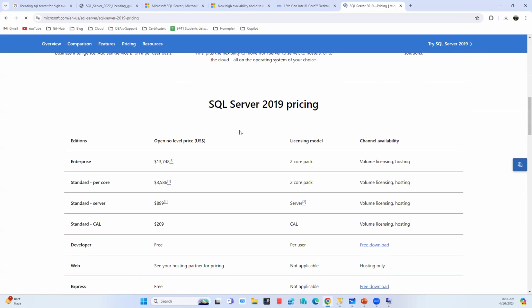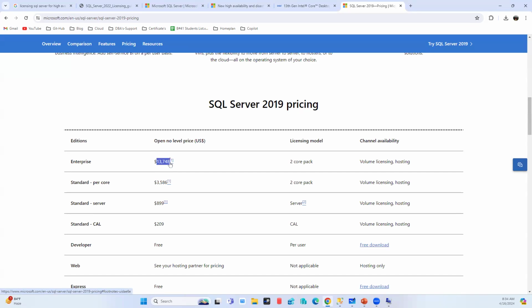So, for example, sir, it's 2019. For two cores, Microsoft is going to charge $13,748.